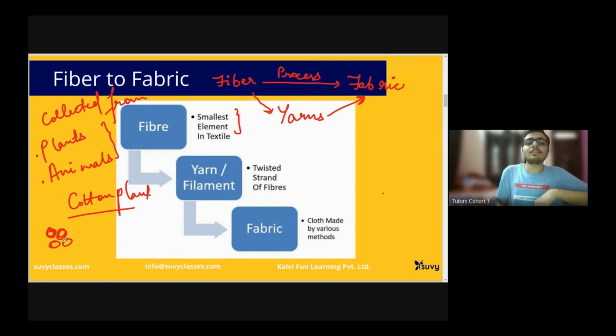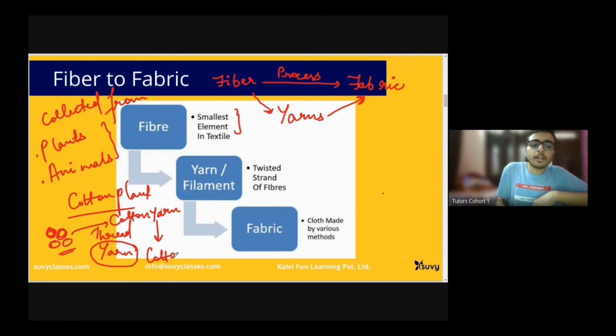So this thread is nothing but yarn. The cotton balls are sent to a cottage industry or an industry where they are converted to cotton yarn, and this cotton yarn is then converted to cotton fabric in another industry.